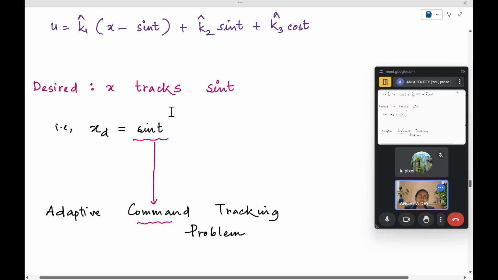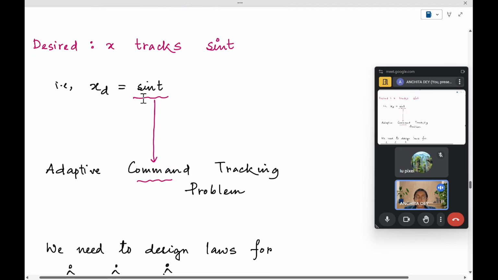And further, no other reference model is given to us, right? So it's not a straightforward MRAC case anymore. This is a simple adaptive command tracking problem, which was discussed in the last lecture for week 3, or in the second lecture for week 3. So if x tracks sine t, sine t is your desired signal, and this is the command signal.